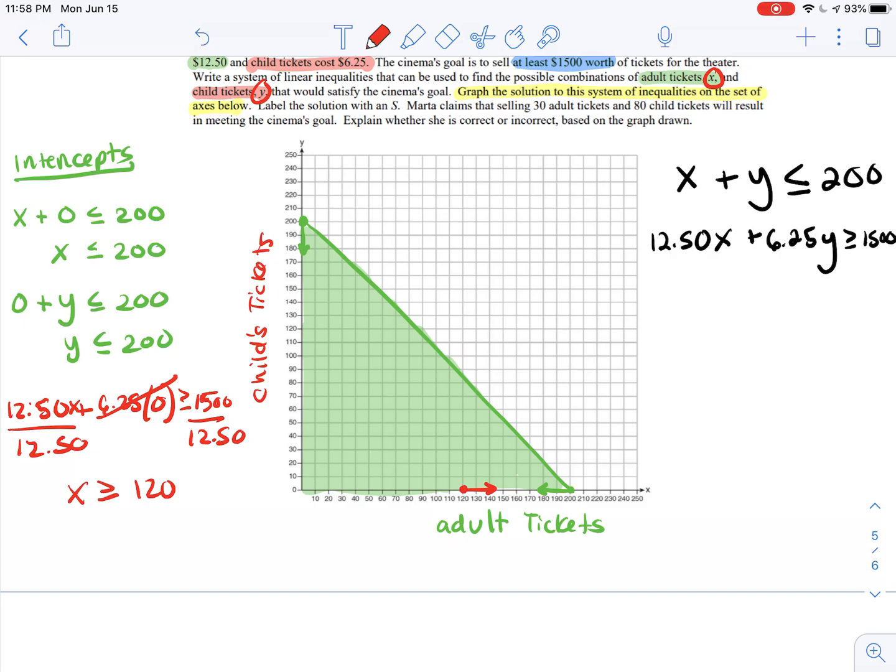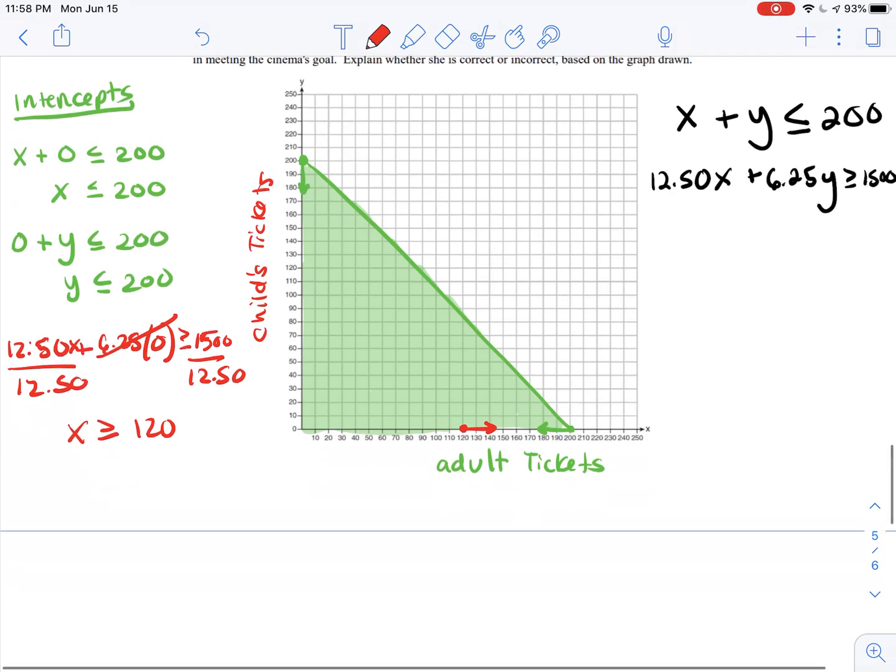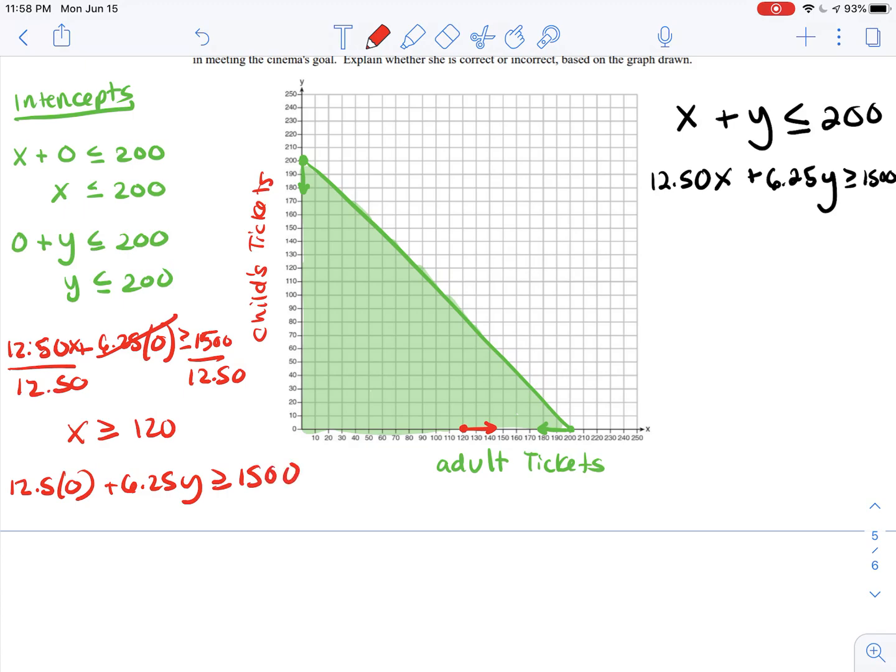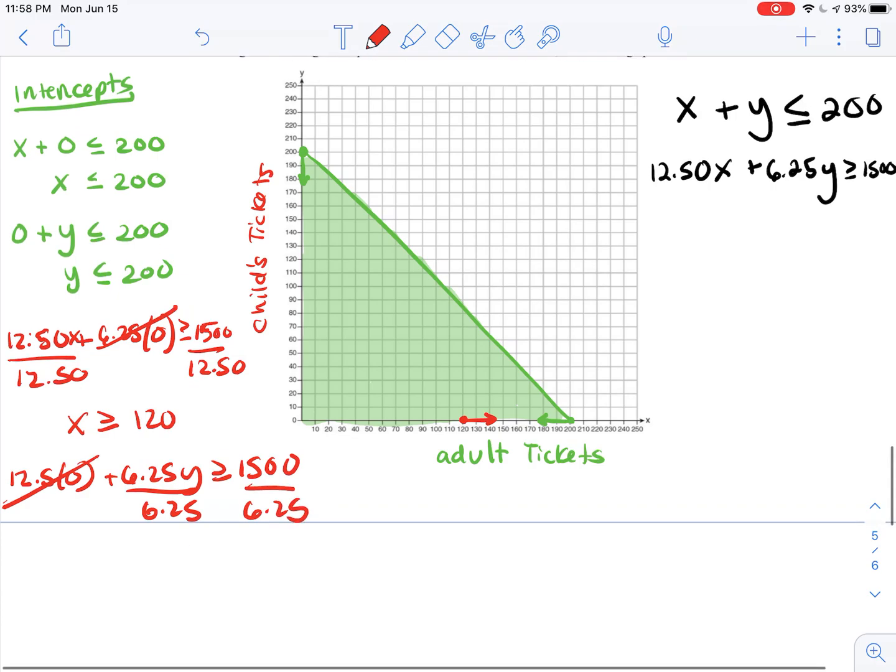So I plot that point on my x-axis, and it goes up. And then we do the y-intercept. So 12.50 times 0 plus 6.25y is greater than or equal to 1,500. Anything times 0 goes away. Divide both sides by 6.25, and we get y is greater than or equal to 240. So 240 and up.